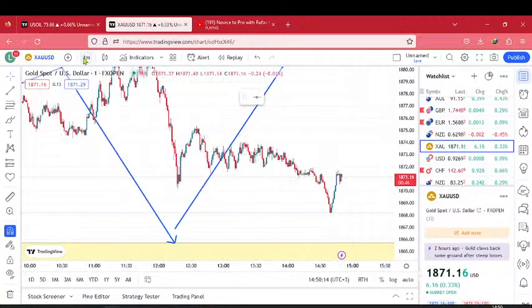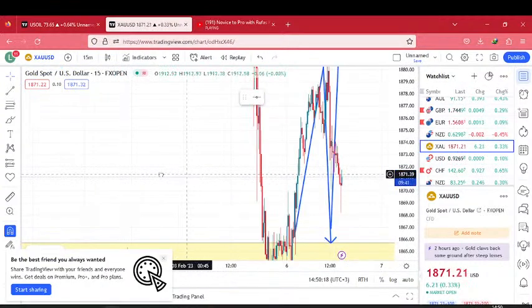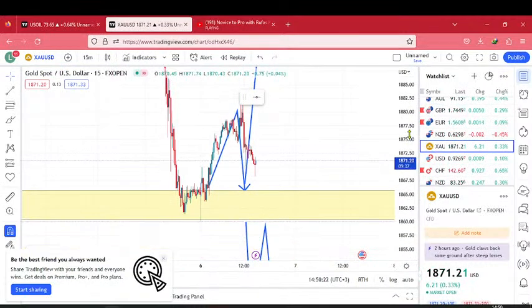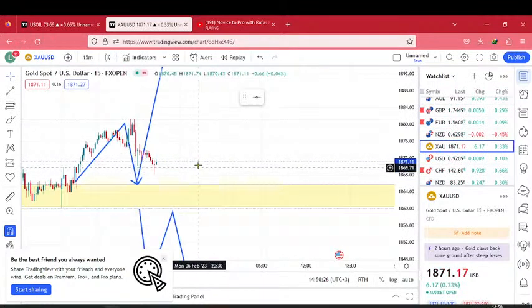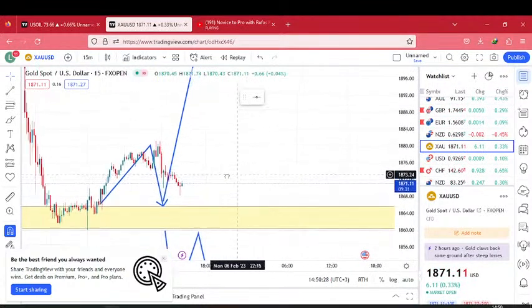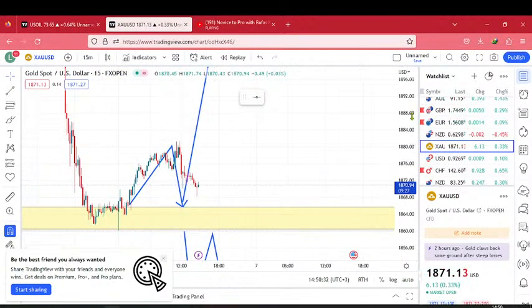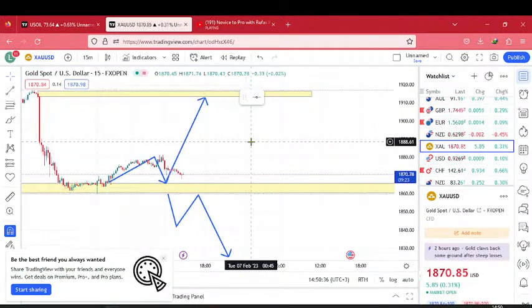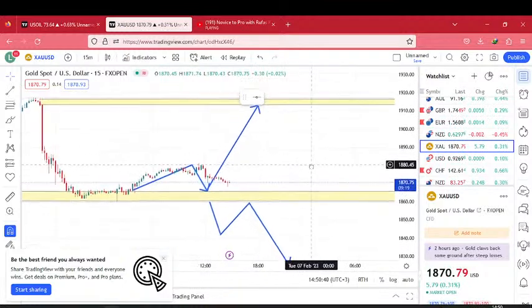So now, after you've set your currency, which is gold against the US dollar, the account currency is US dollar, account size is $1,000. Risk ratio, in this case, you're looking to risk 1%. You can also swap with money. You set the amount of money that you want to risk here in dollars. In this case, it's $10. Stop loss in pips is what we have seen here.